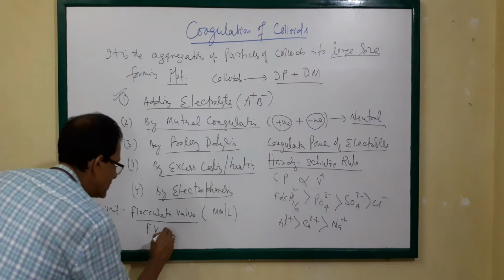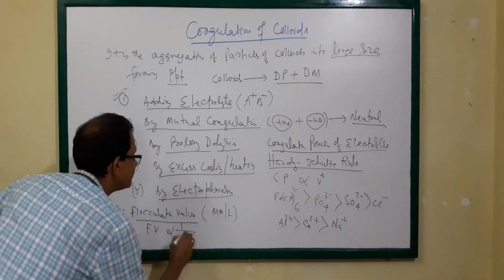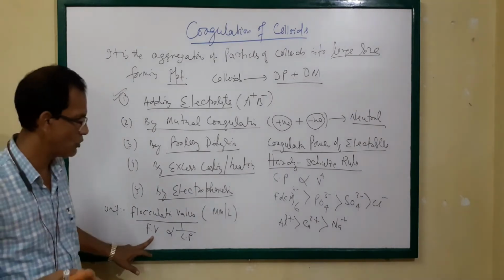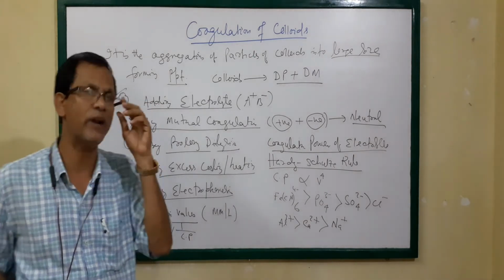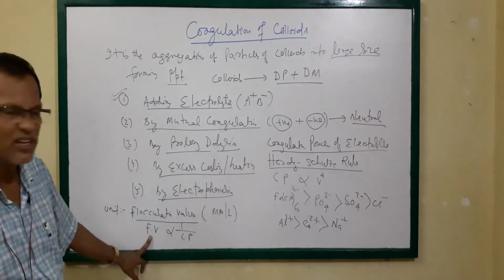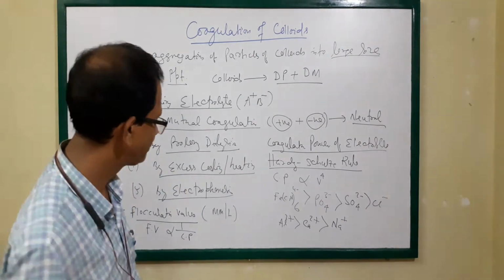Flocculation value is inversely proportional to coagulation power. That means the higher the flocculation value, the more ions are required, more concentration is required. More concentration required means coagulation power is less.